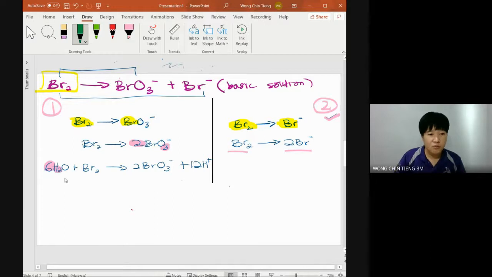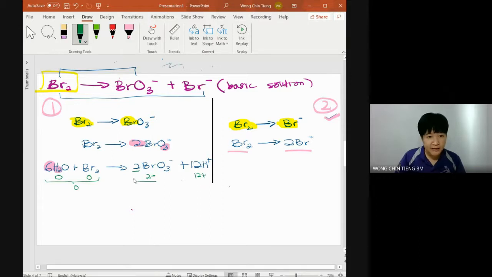Okay? So water, 6 darab kosong. So you have 0. Bromine, 0. So total on the left hand side, 0. Okay? On the right hand side pula, 2 darab negative 1. So you have 2 negative. And over here, 12 plus.